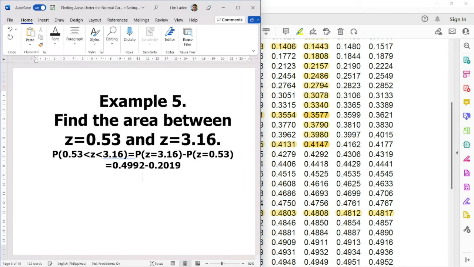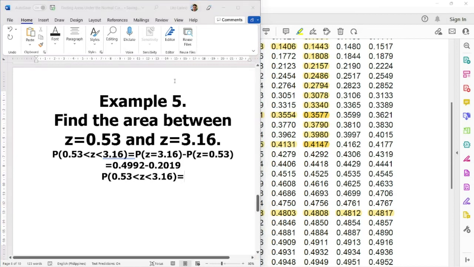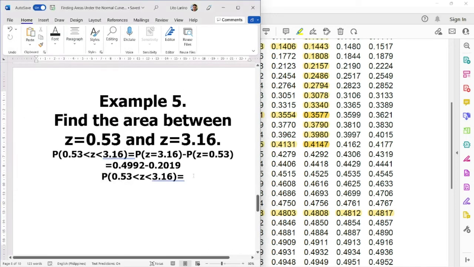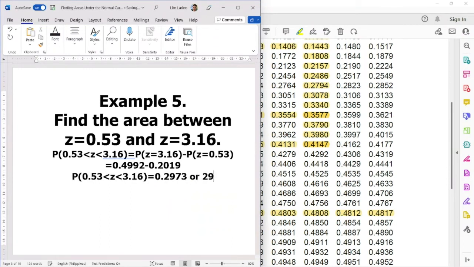And we got the area between the z-scores 0.53 and 3.16 is now equal to 0.4992 minus 0.2019, we got 0.2973, or that is equivalent to 29.73%.